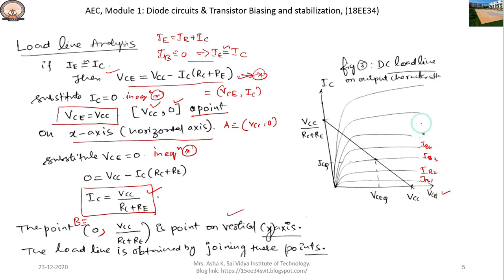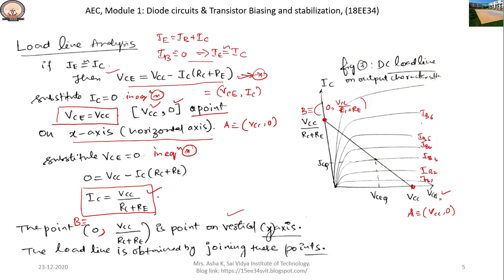For different values of input current, we mark the points on the x-axis and y-axis. A is equal to (VCC, 0), whereas B is another point on the vertical axis, that is (0, VCC divided by (RC plus RE)).